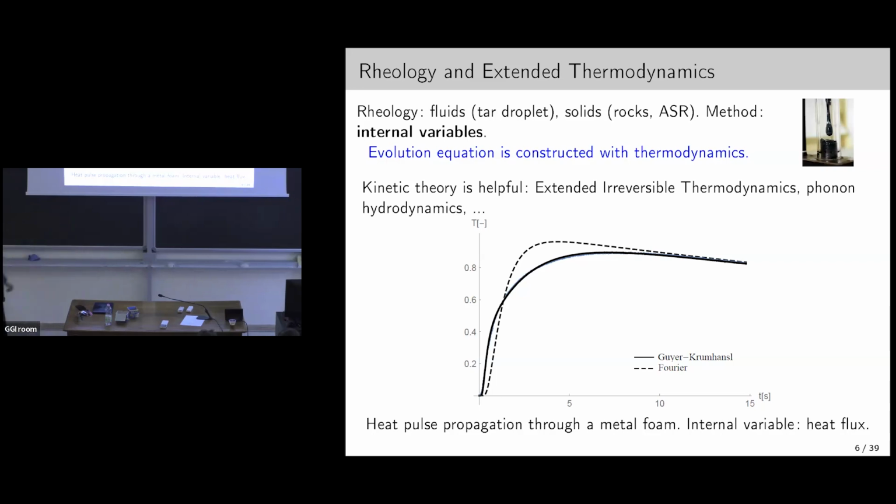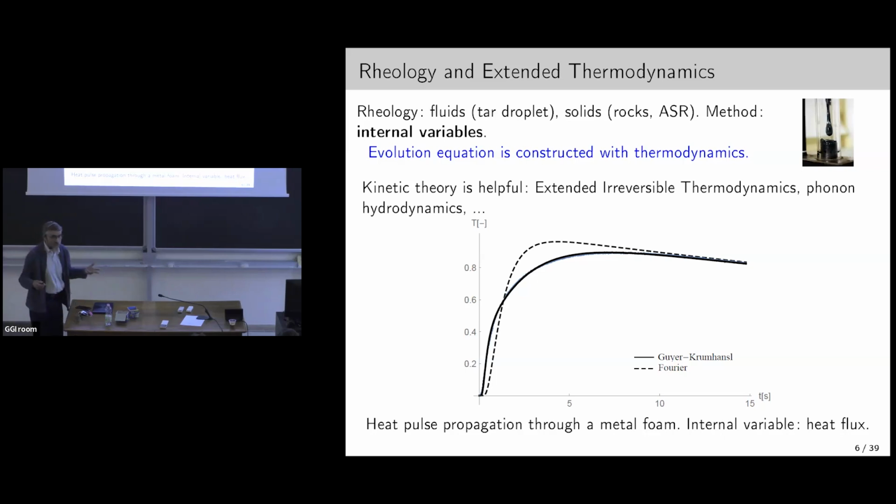For example, in this figure, it turns out that the so-called Guyer-Krumhansl equation, which is a different kind of truncation than the Cattaneo equation, is the Israel-Stewart-like version for heat conduction. So anyway, this Guyer-Krumhansl equation behaves very well for describing heat conduction in metal foams.